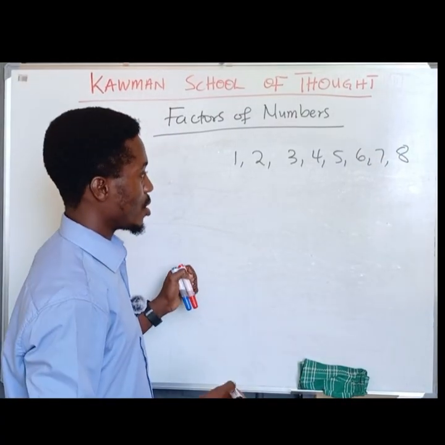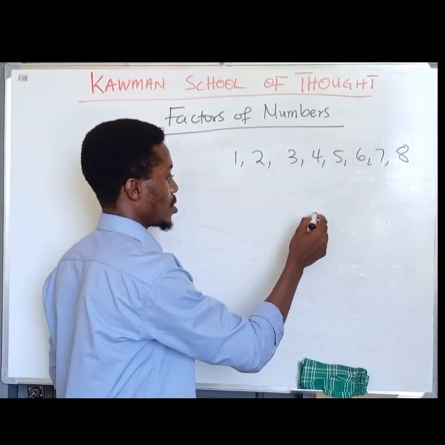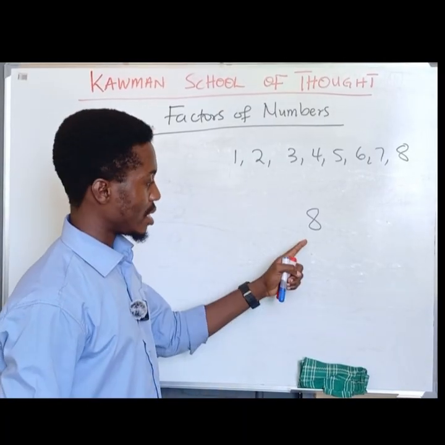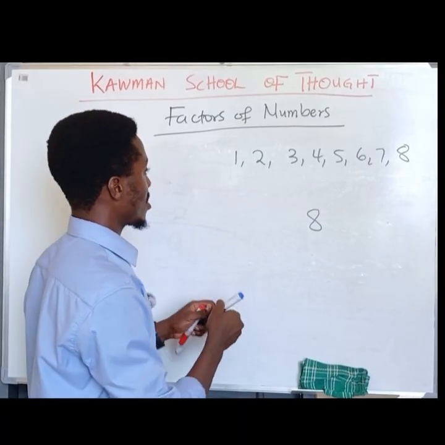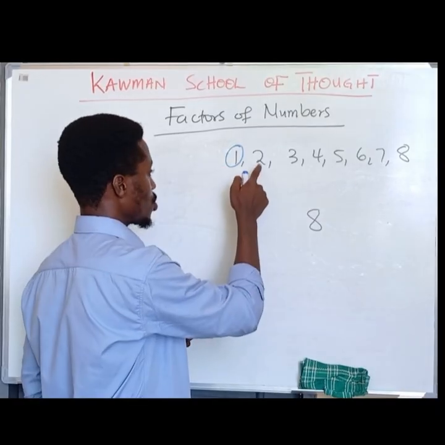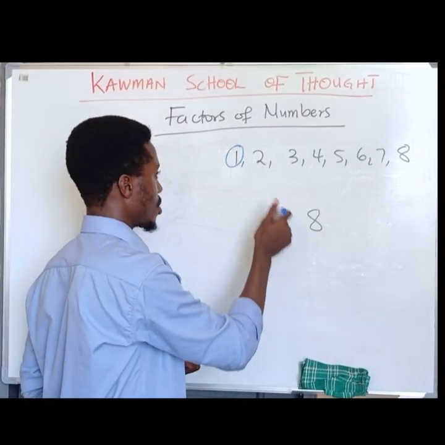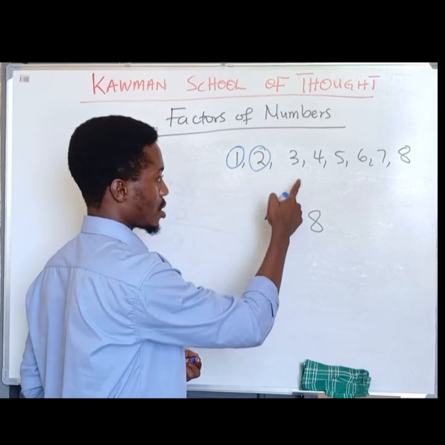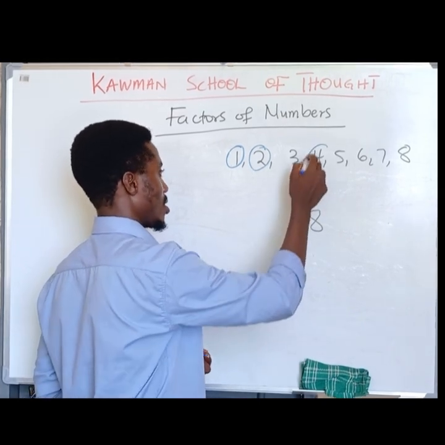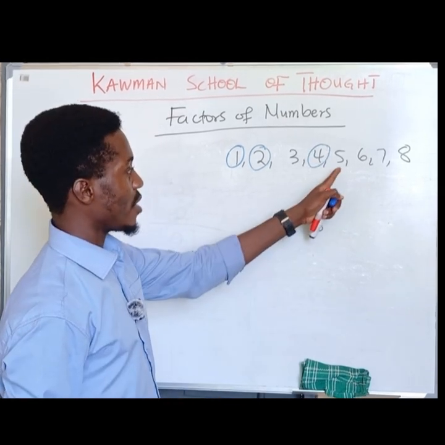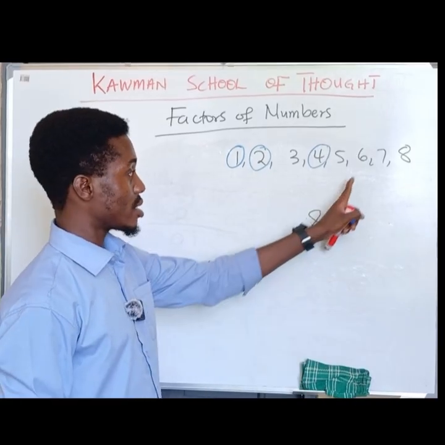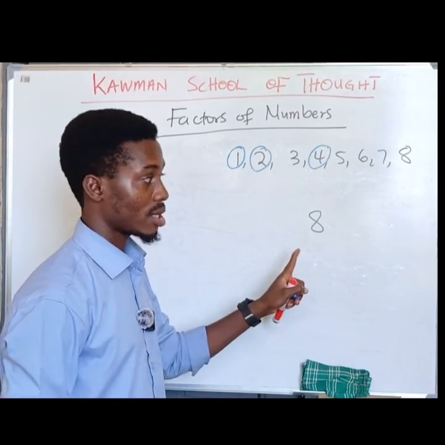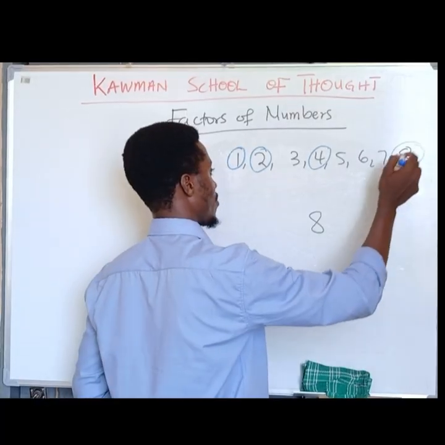Then I'll be checking. 1 divides 8, so I'll circle it. 2 divides 8, 4 times, so I circle it. 3 divides 8, but there's a remainder, so it's out. 4 divides 8 with no remainder, so I'll circle it. 5 divides 8, but there's a remainder. 6 divides 8, but there's a remainder. 7 divides 8, but there's a remainder, so it's not. Then 8 itself.